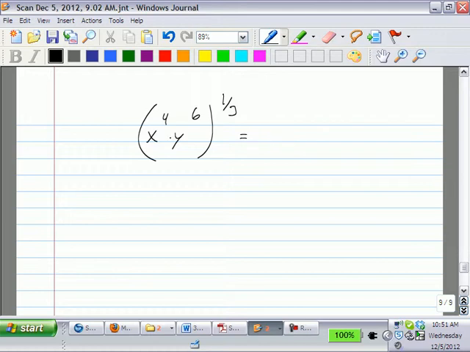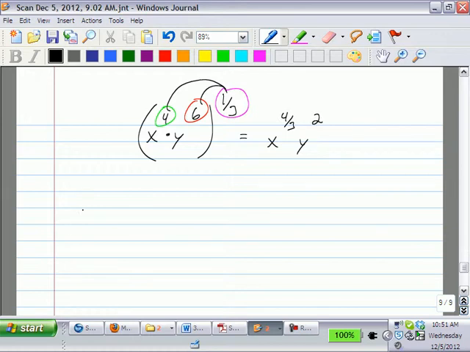No, what would you do? Somebody tell us if I said simplify it. The quantity x to the fourth times y to the sixth to the 1/3. Andrew? Okay. So this would be x to the 4/3, y to the second.